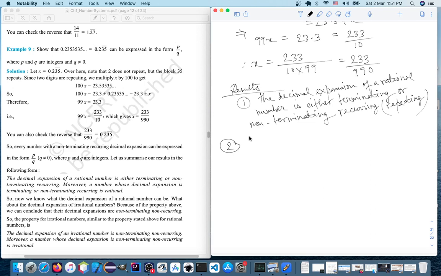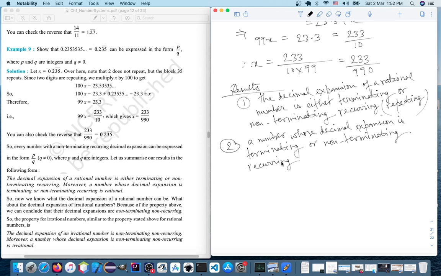On the other hand, a number whose decimal expansion is terminating or non-terminating recurring is rational.